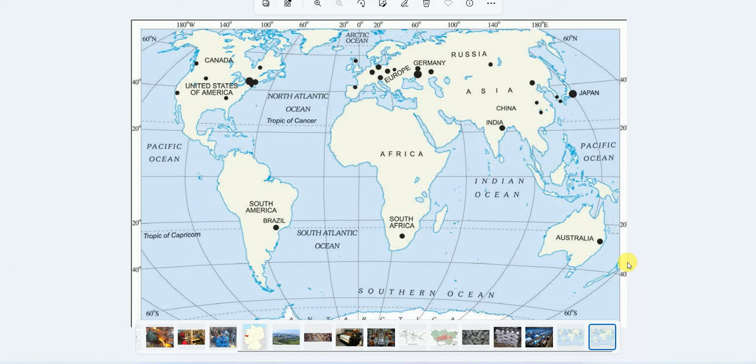I think you will be seeing black spots here on the map, and these black dots show the location of the major iron and steel producing areas.